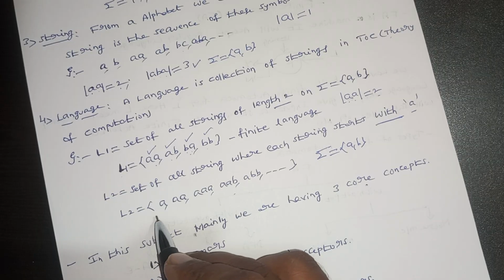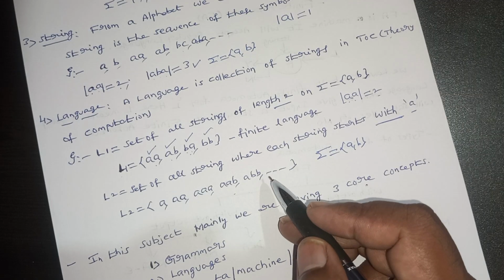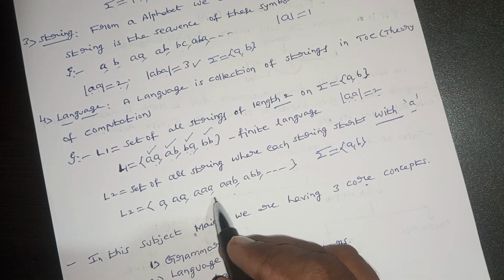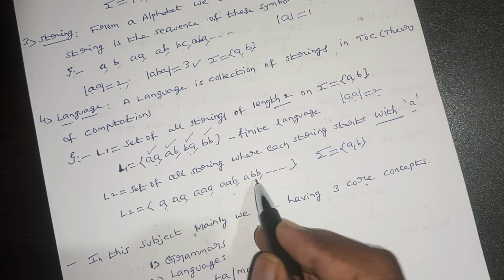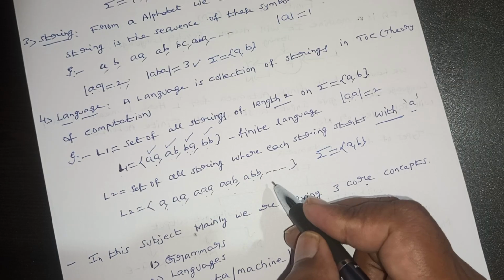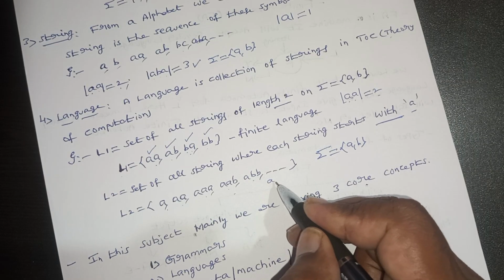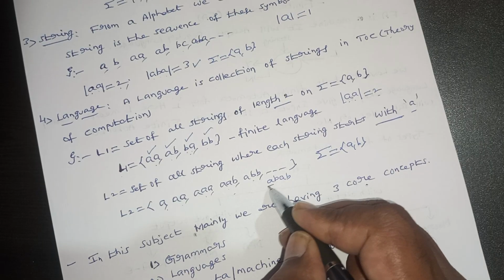Okay, now can you tell what type of language this is? Is it a finite language or an infinite language? It is an infinite language. Why? Because I am unable to count the number of strings. For example, can you tell some more strings starting with a, like aba? This is a string starting with a.